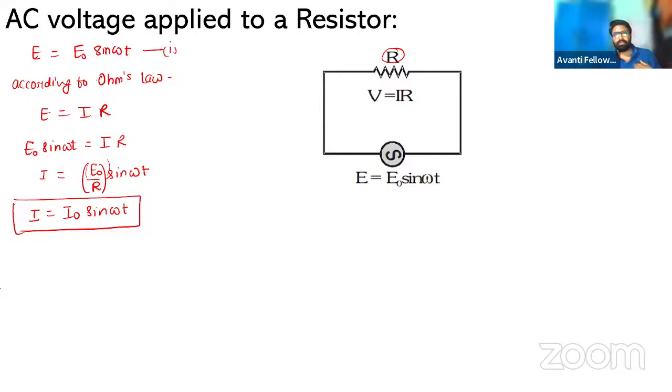Now you tell me, any one of you: if E naught is the maximum value of EMF or voltage, and I naught is the maximum value of current here, which one is greater? Either E naught is greater than I naught or I naught is greater than E naught. Tell me in the chat box.